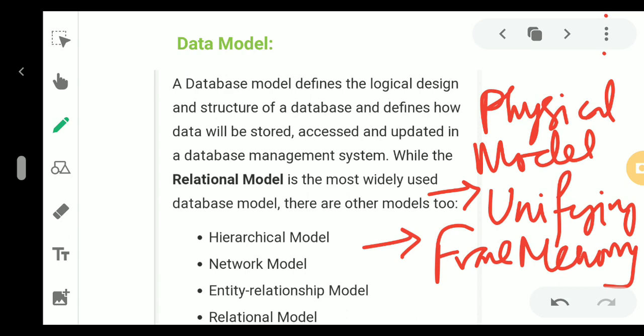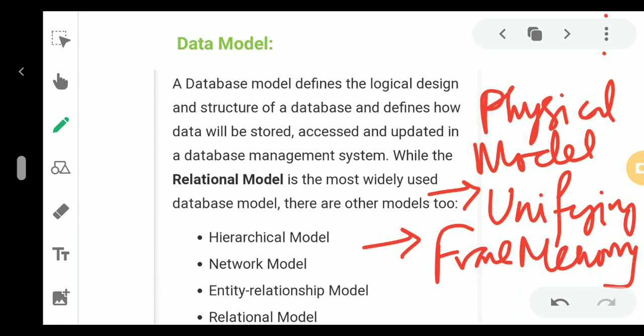There are also record based logical models. These data models are used to describe the data at the logical and view level. They use concepts that may be understood by the end user and, at the same time, are close to the way data is actually organized within a computer.